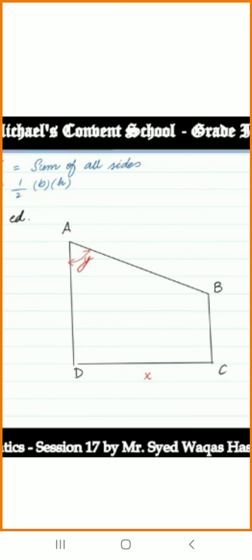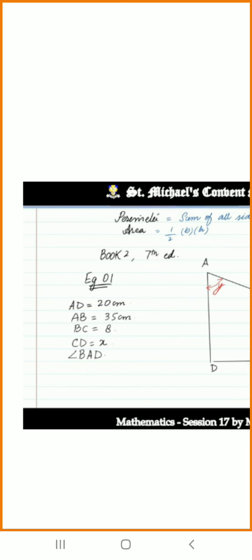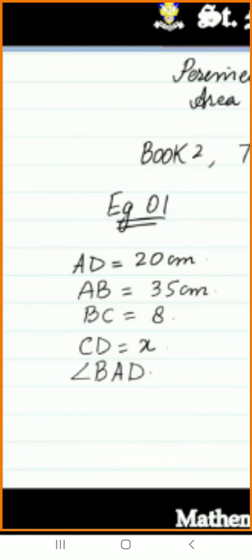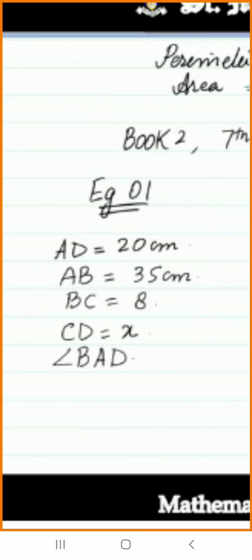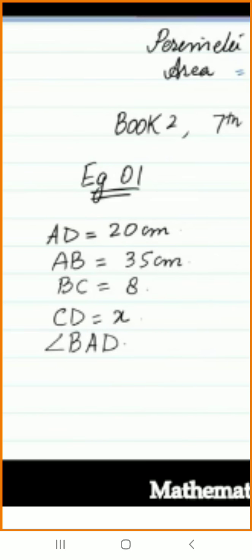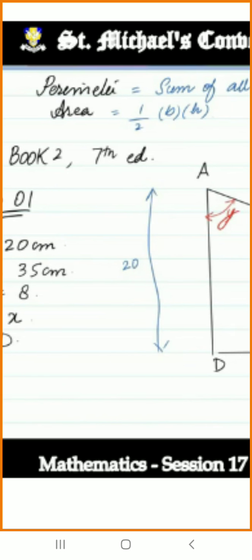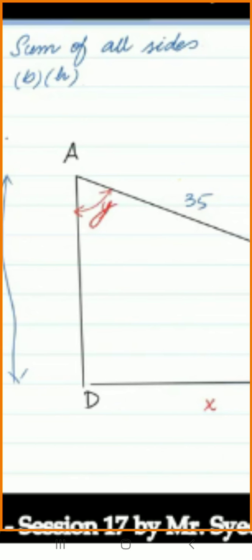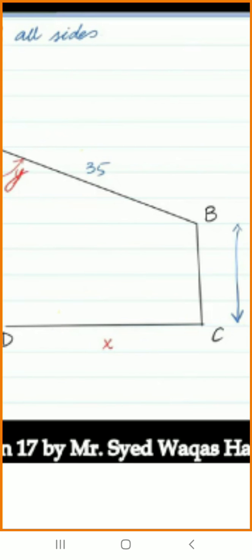At this point, what I expect from you is to pause the video and start the working by yourself. You need to judge yourself where you are heading, right? First thing, I'm going to label the dimensions on my figure. The value of AD is 20, AB is 35, and BC is 8, and we need to find the values of x and y.